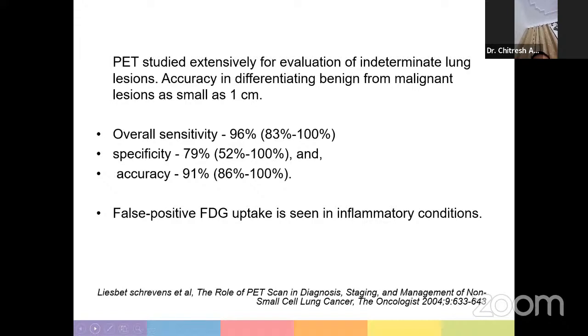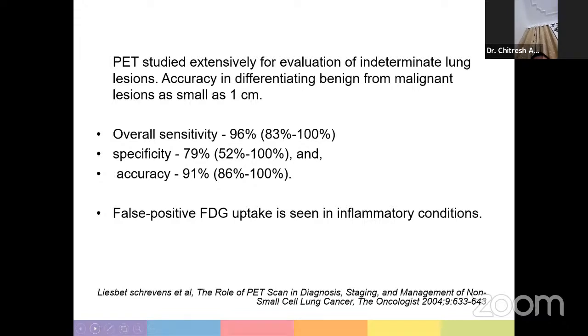The overall sensitivity is quite high, around 96%, with a specificity of around 18 to 80%, and an accuracy of around 90%. False positive FDG uptakes can be seen in inflammatory conditions, especially tuberculosis in our country. But still, I feel PET is a very important investigation to see for the mediastinum in such a group of patients.